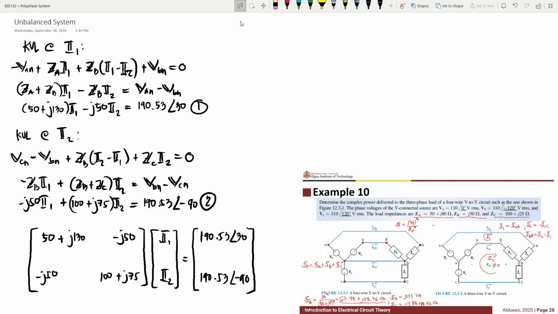Using the matrix and determinants to solve for the values of I1 and I2, we need to first get the determinant of 50 plus j130, negative j50, and 100 plus j75. This is equivalent to negative 2250 plus j10750.